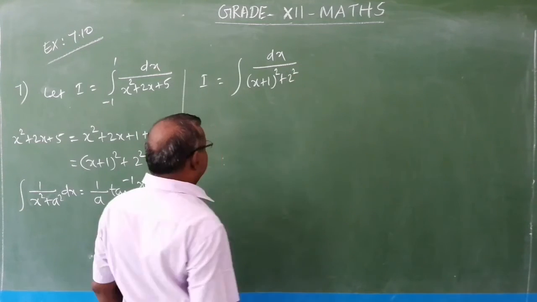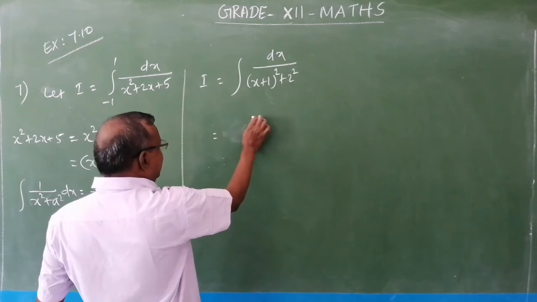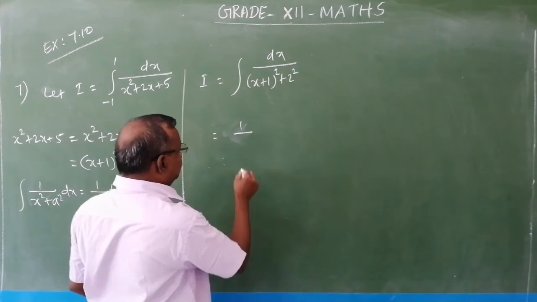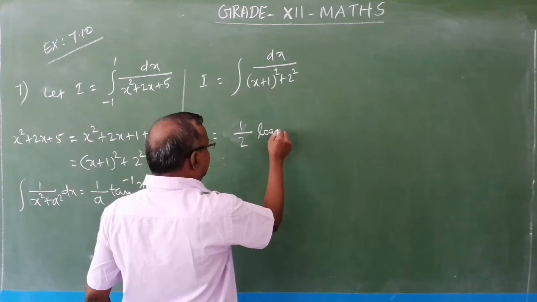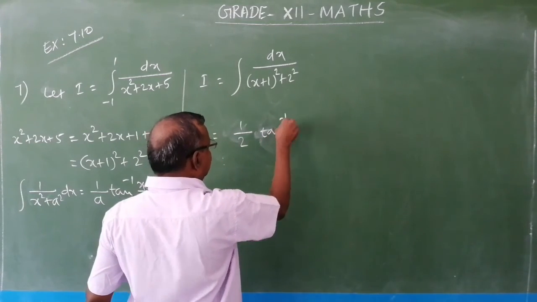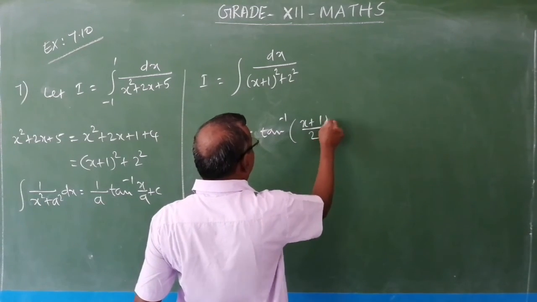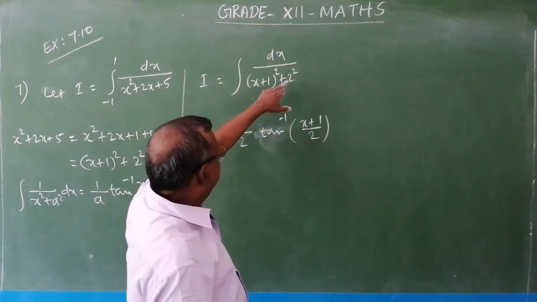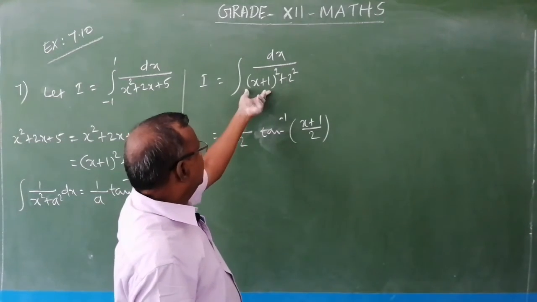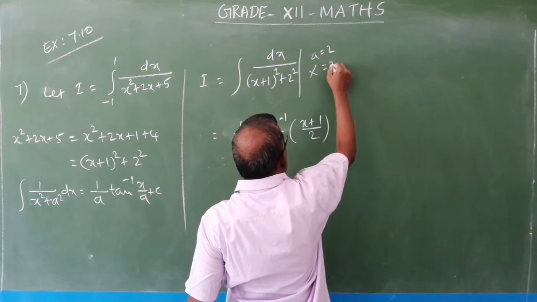Now, this is equal to 1 by a, 1 by a means 1 by 2, into tan inverse of x by a, meaning x plus 1 by 2. Here a equal to 2 and x equal to x plus 1.